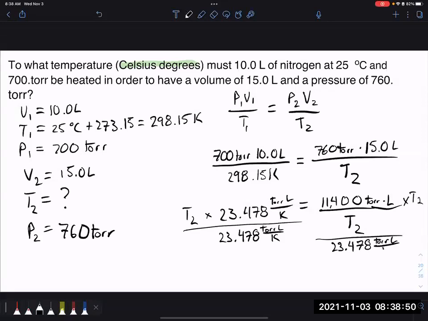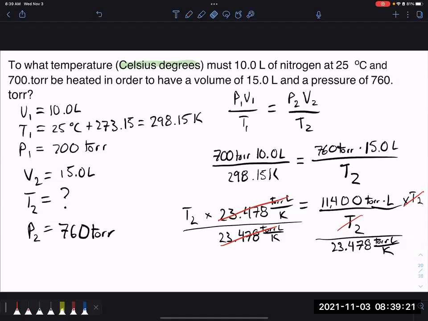Torr liter Kelvin. Because after we do that, this will be canceled out because we're dividing by itself. And this will be canceled out because, again, dividing by itself. So the final math that we end up doing here is going to be 11,400 divided by 23.478115, a bunch of numbers though.